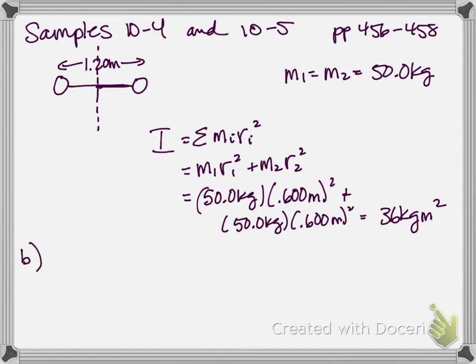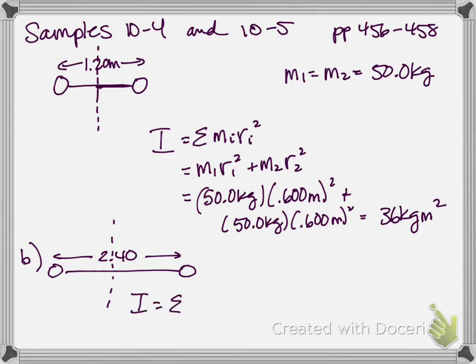Part B says, what if they're separated by 2.4 meters? Now I've got a longer barbell, not to scale here, and we're going to again rotate around the center of mass. Again, the sum of all the m's times all the r squareds.